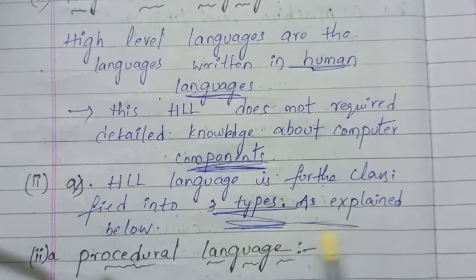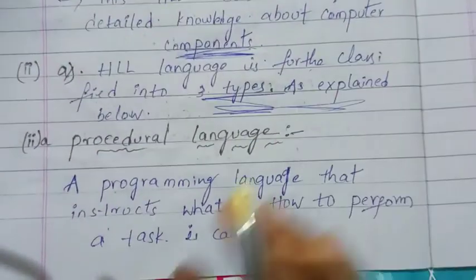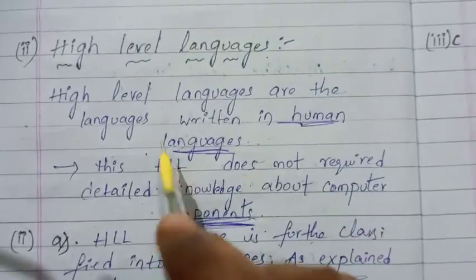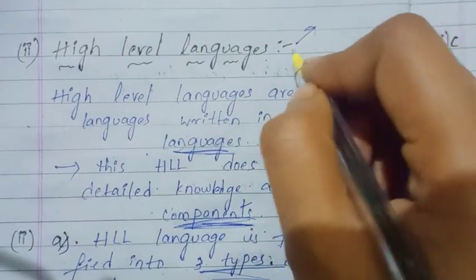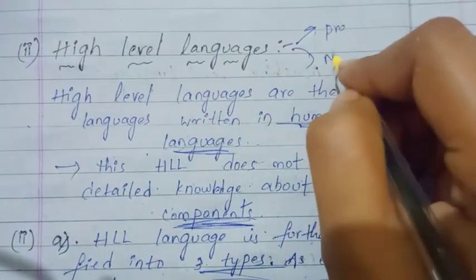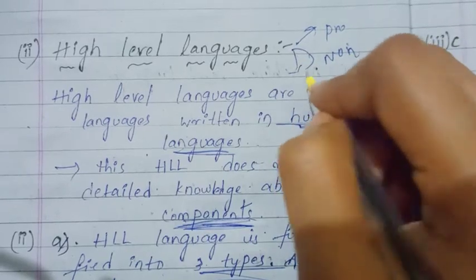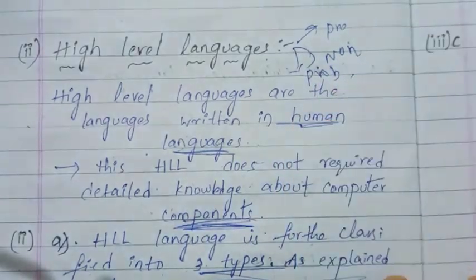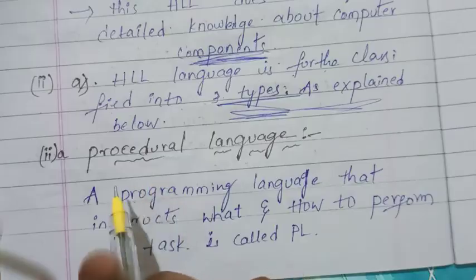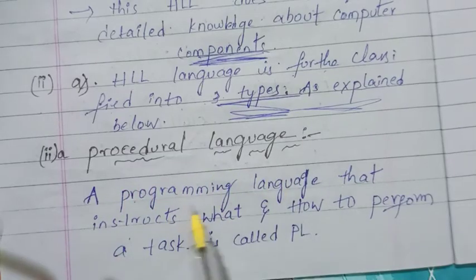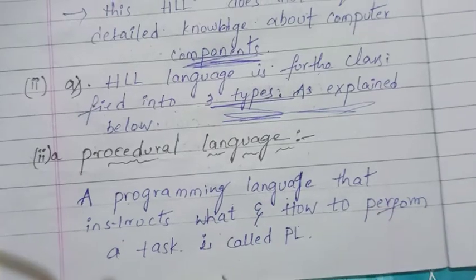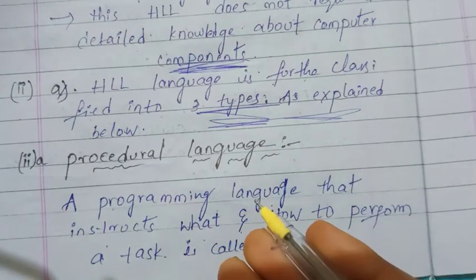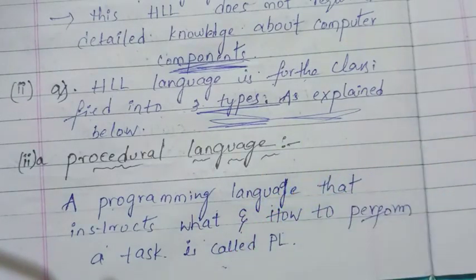And then high level language is further classified into 3 types as explained below. So far we have discussed that high level languages are of 3 types: procedural, non-procedural, and problem oriented. So let us see what these 3 are. First, procedural language: a programming language that instructs what to do and how to perform a task.